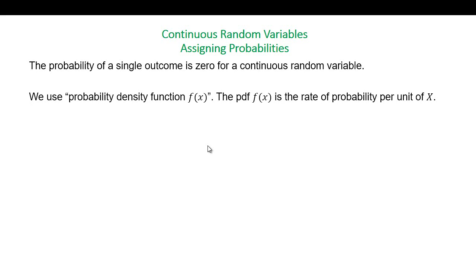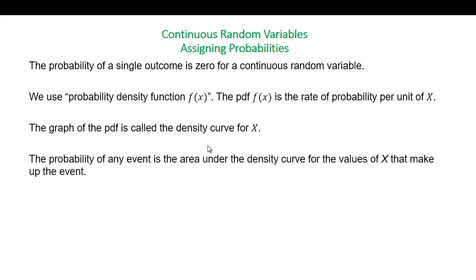So f of x represents the rate of probability per unit of x. The graph of the PDF is called the density curve for x.